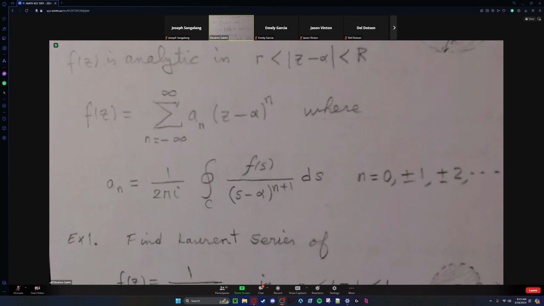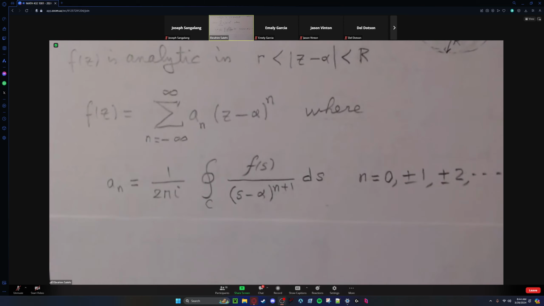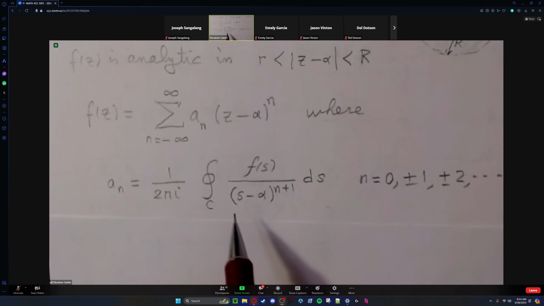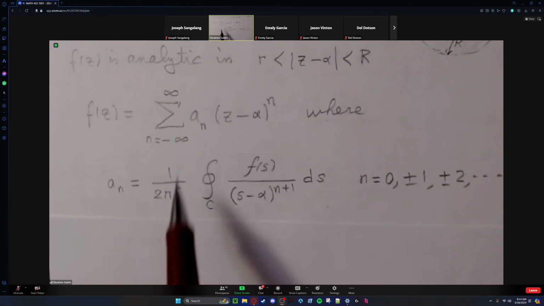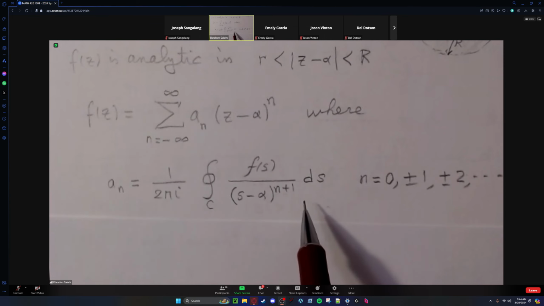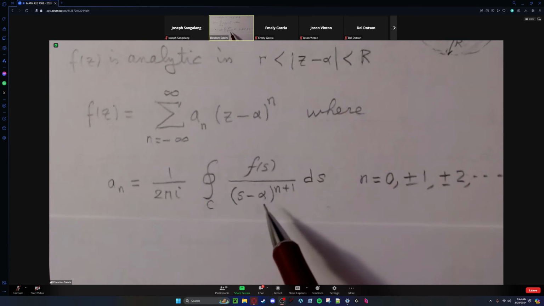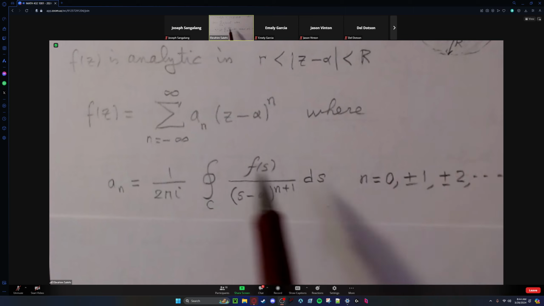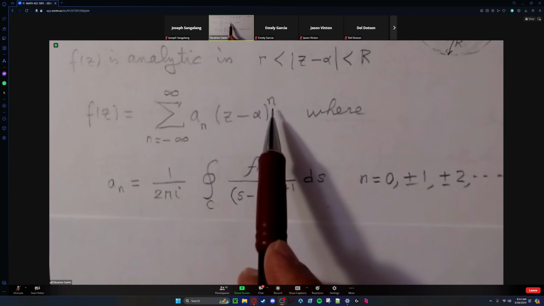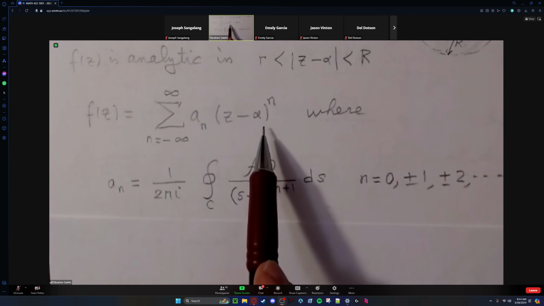Now, a couple of things are extremely important here, and that is why we like the Laurent series. First of all, this is the a_n. When n is 0, 1, and so forth, we are going to have positive exponents of z minus alpha or a constant.